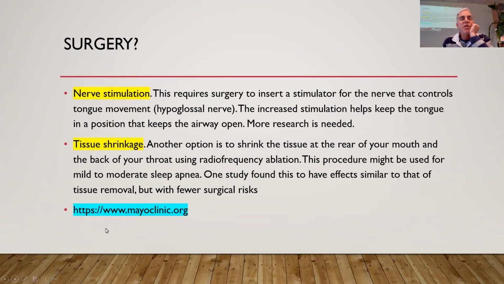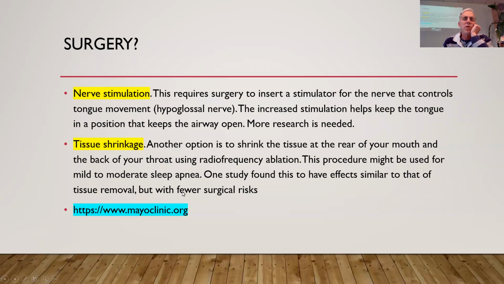The nerve stimulation, we talked a little bit about that. The hypoglossal nerve stimulation helps keep the tongue in a position that keeps it away from blocking the airway. I don't want to say experimental, but I don't know if it's fully FDA approved.